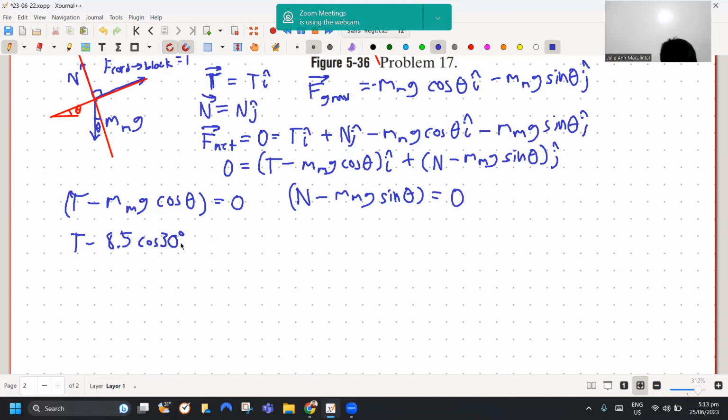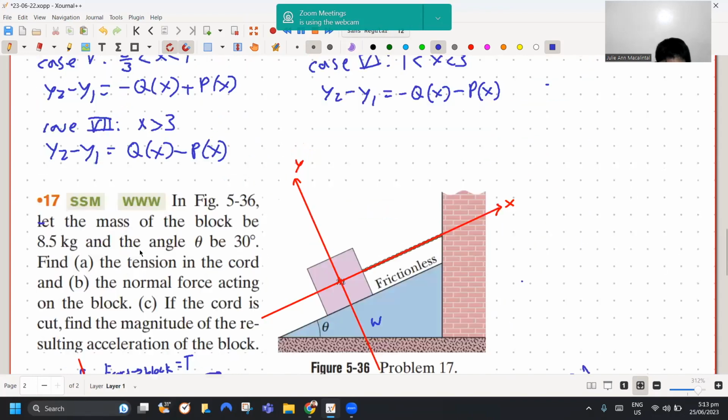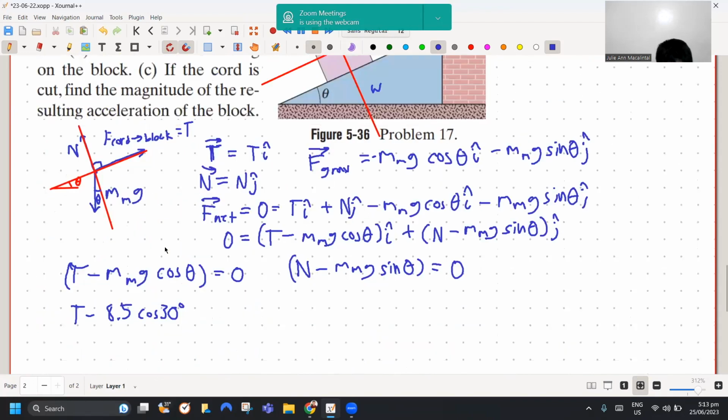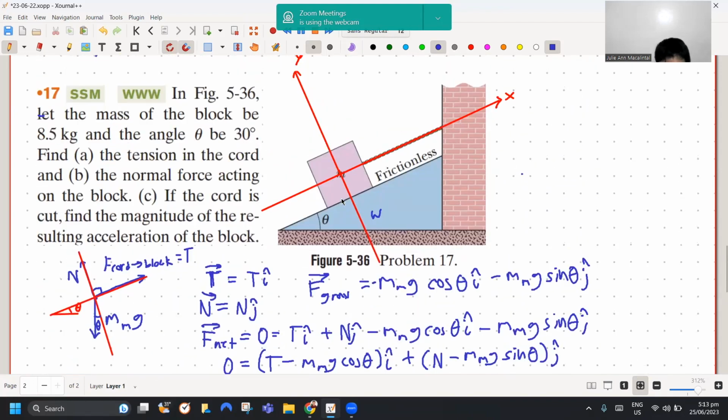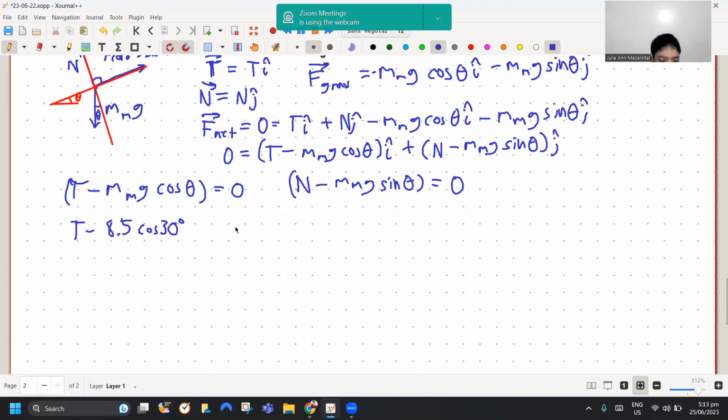Ano yung 8.5? Pwedeng wag ka muna mag-substitute. Mas po no, ito. So, anong nangyari sa g? Units din. Don't forget the units. Meters per second squared, okay.